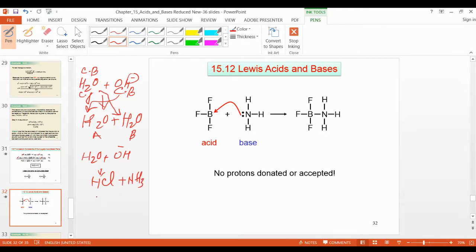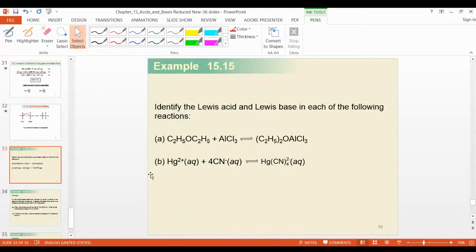So you will get Cl minus and NH4 plus. So this is plus, so it means it is acid. This is minus, so this is base. Okay. So for the Lewis acid and Lewis base, you will have some more examples. You can check from the internet or from anywhere. We have this example here.